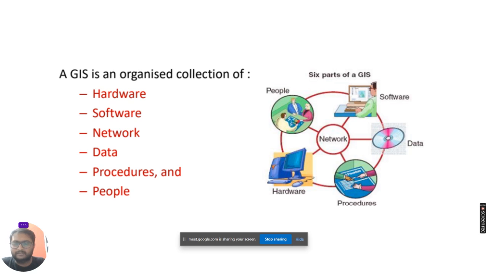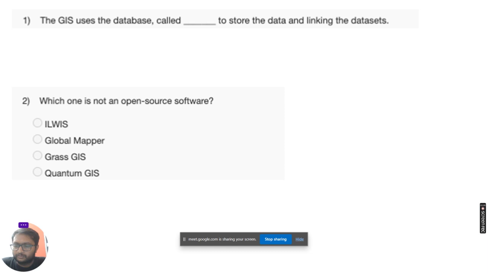So we discussed the different components of GIS, such as hardware, software, network, which is a combination of all, data, procedure, and people. So the next one is, the GIS uses which kind of database to store the data and then to link the data with each other.